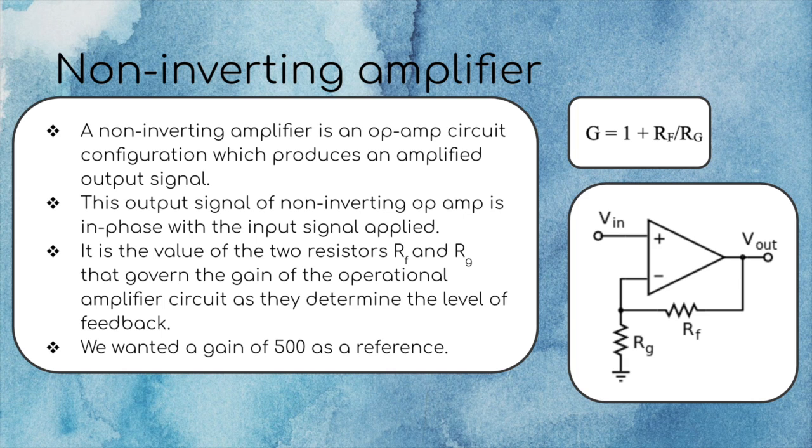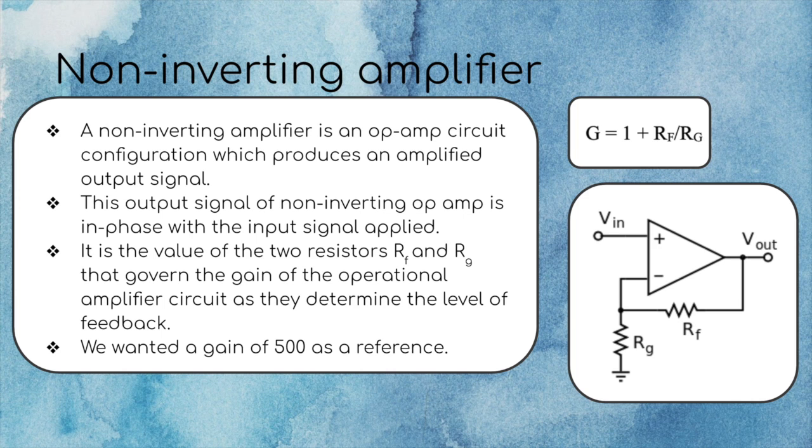A non-inverting amplifier is an op-amp circuit configuration which produces an amplified output signal. This output signal of the non-inverting op-amp is in phase with the input signal applied. In other words, a non-inverting amplifier behaves like a voltage follower circuit.